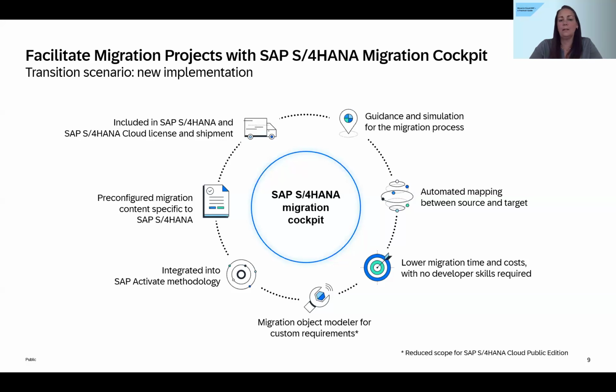The tool is set up with a guided procedure. It guides you through the complete process, starting with the selection of what you want to migrate and how, and then starting the simulation and migration process afterwards.